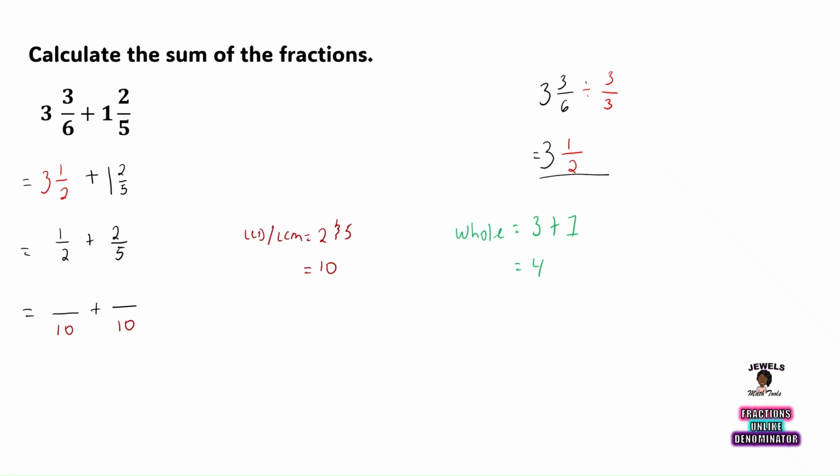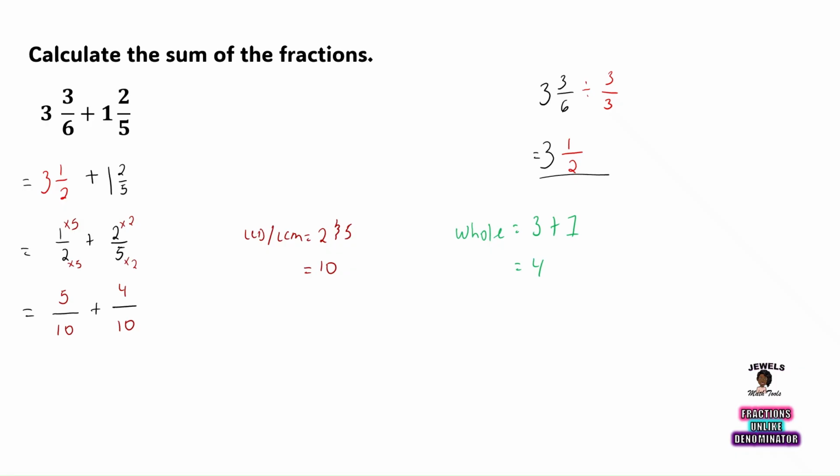So remember that we said that we multiply 2 times 5 to get 10. I'm also going to multiply my numerator of 1 by 5 as well. So 1 times 5 will give me 5. And I'm going to do the same thing with the other fraction. So 5 times 2 gives us 10 in the denominator, and we're multiplying 2 times 2 to get 4 in our numerator.